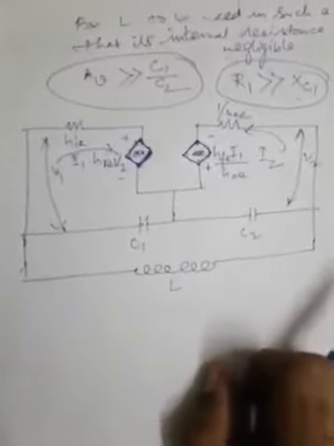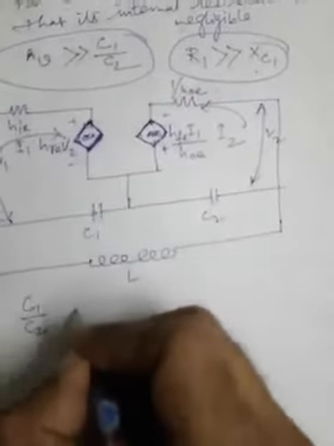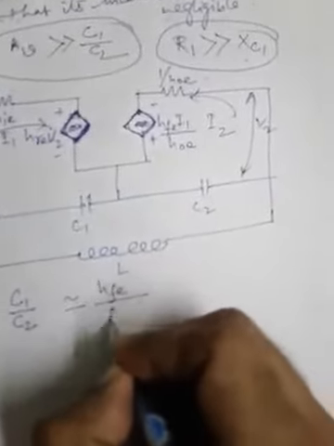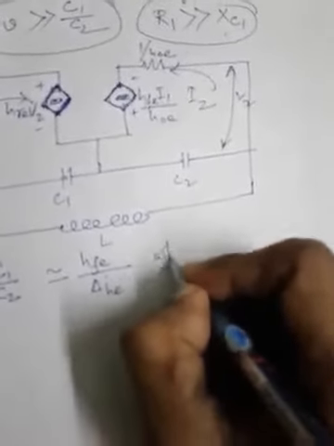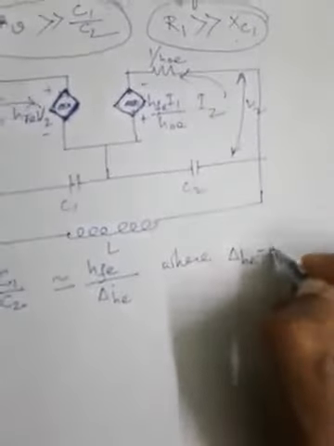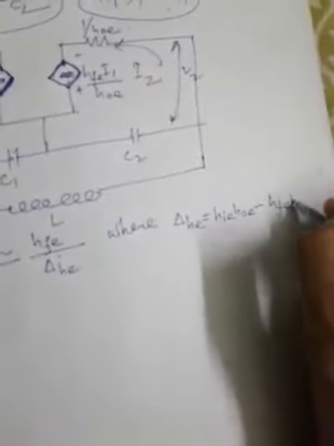Using this equivalent circuit, it can be found that C1 by C2 is approximately equal to hfe divided by del he, where del he is equal to hie hoe minus hfe hre.